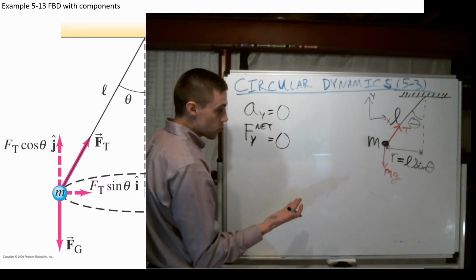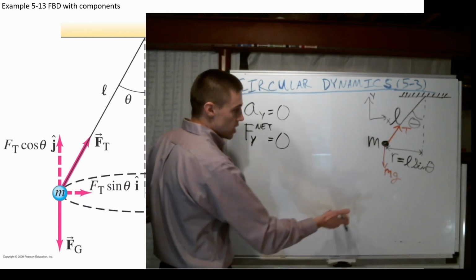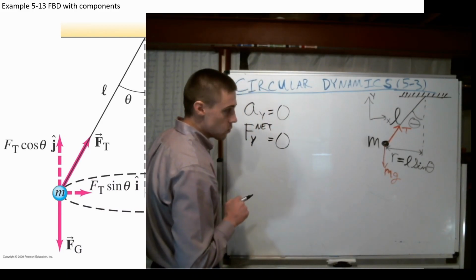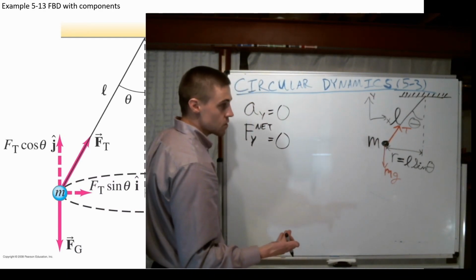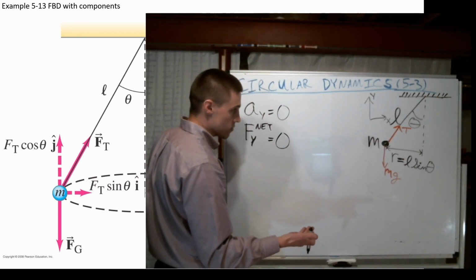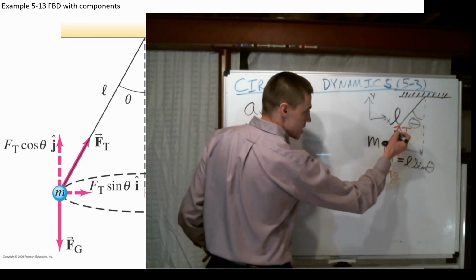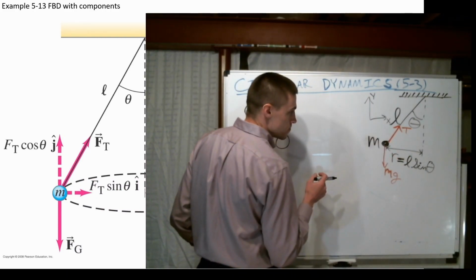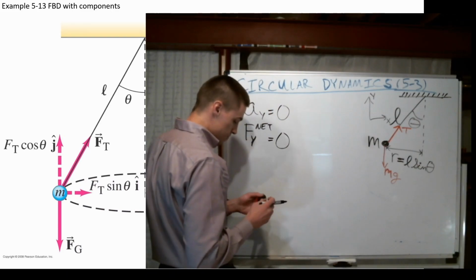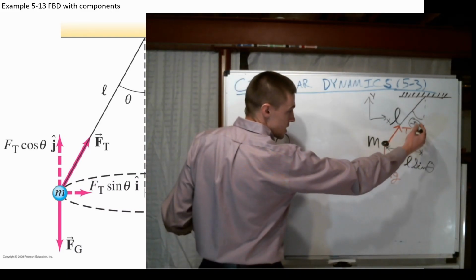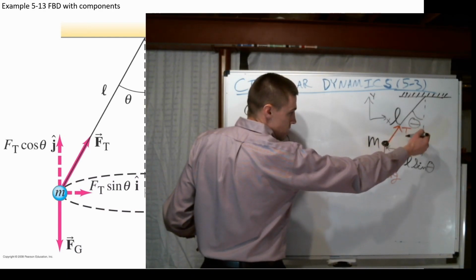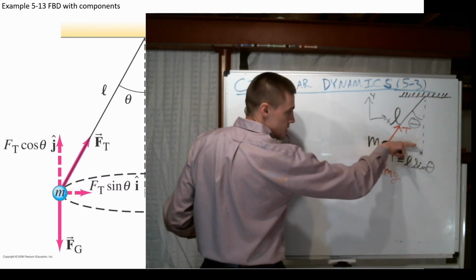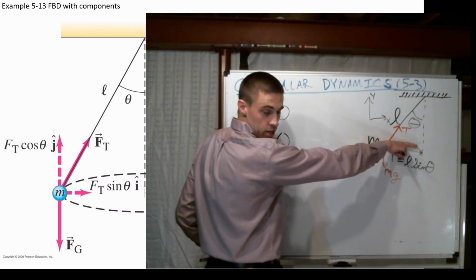Now, what are the net forces in the y direction here? mg is pulling straight down in the y direction, and the tension T has a component that's also in the y direction. Tension is along this direction here, so I can take this angle here to get the different components of the tension. Tension times sine theta will give me the component of the tension in this direction here.